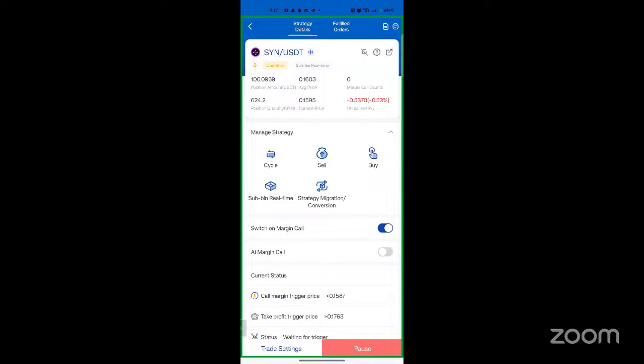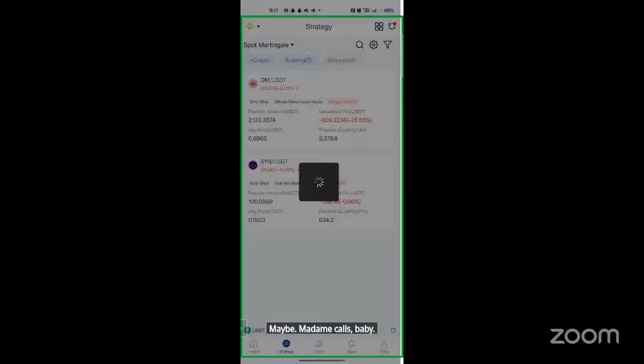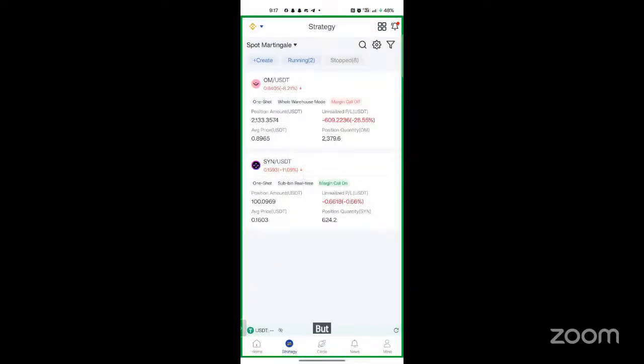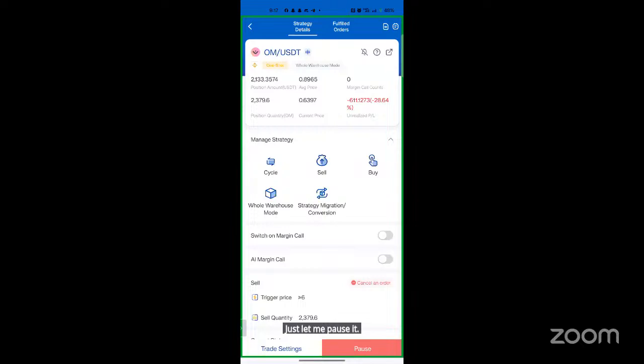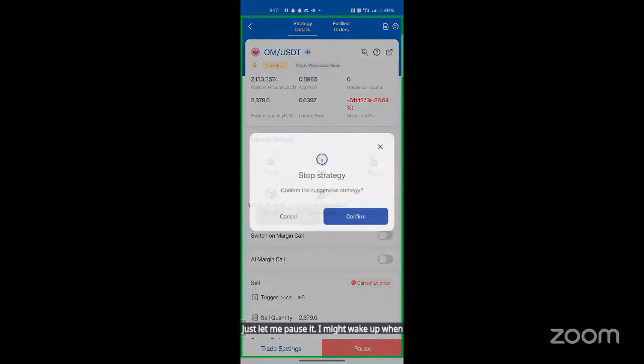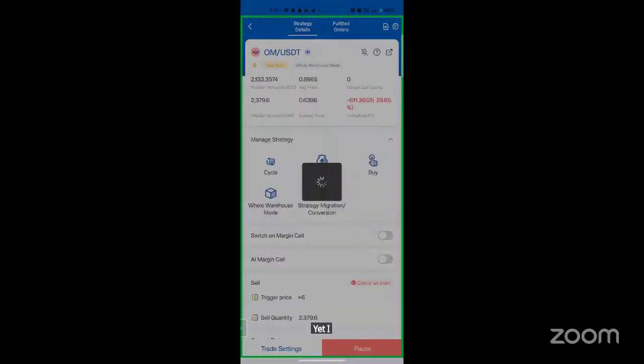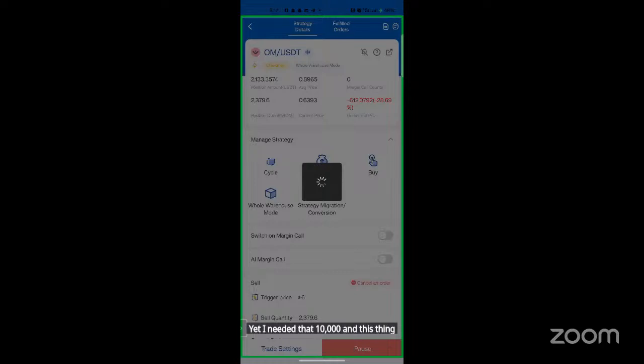Maybe margin calls. But is the lesson home? This coin will be a game changer. Just let me pause it. I might wake up when it has sold. Yet I need that 10,000, and this thing might happen very soon.